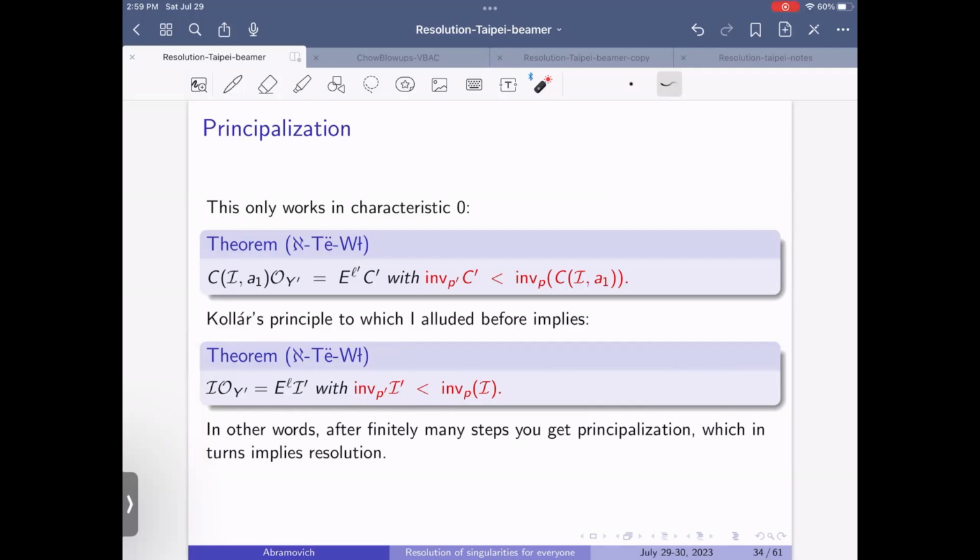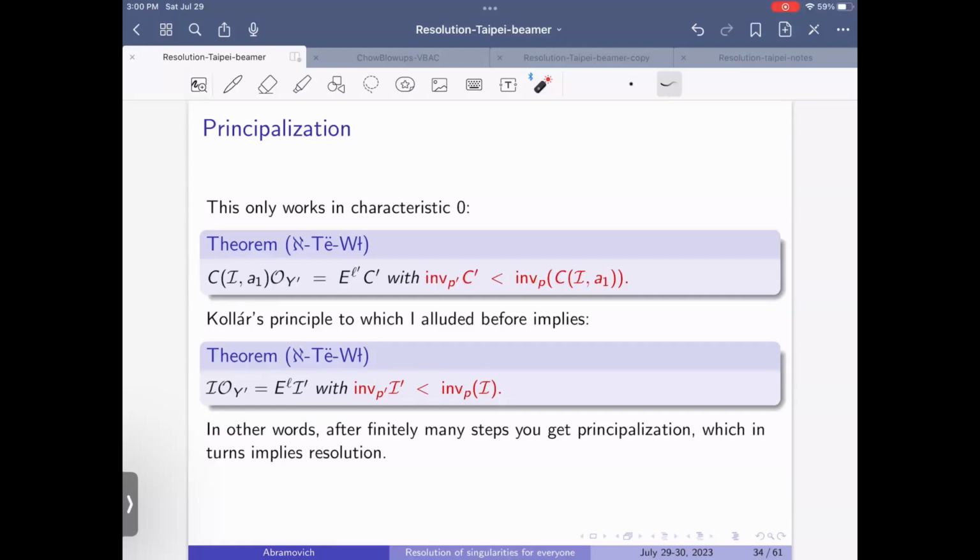If I take the blow up at the center that I just told you how to take, I will repeat that next time, and I take the transformed ideal, the invariant of the ideal drops. What does that mean? I need to convince you that the invariant lies in a well-ordered set.